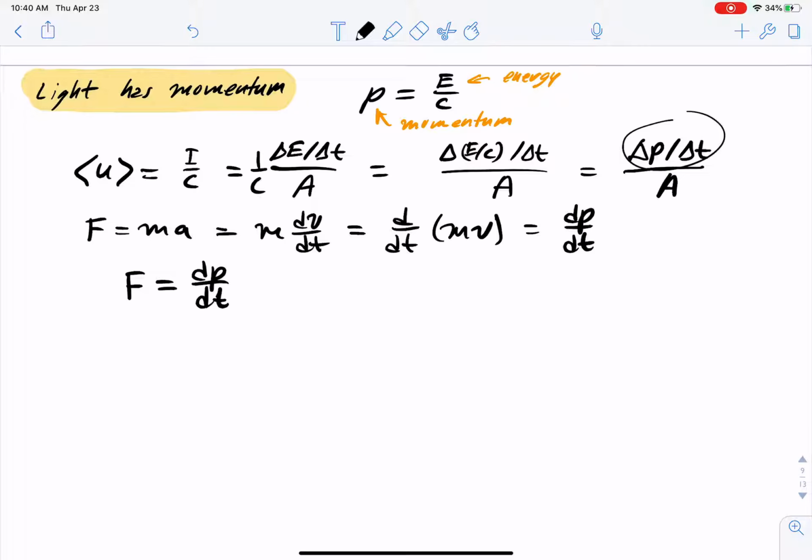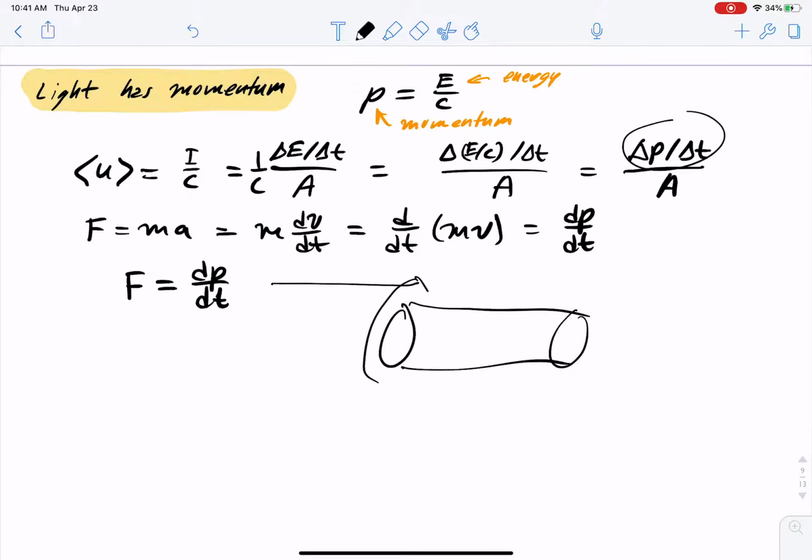So now think about this. Suppose you have a laser creating this beam of light. Here's your laser, with a beam of light coming out. There's now momentum.